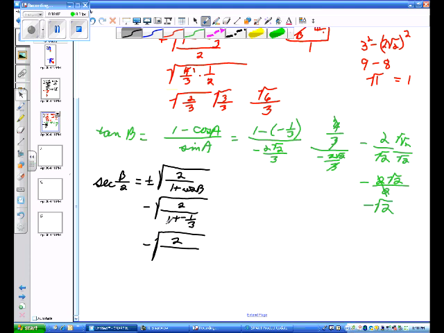This would be 3/3 minus 1/3 would be 2/3, which will be negative 2 over 1 times the reciprocal, 3 over 2, or negative the square root of 3. So given one function, you should be able to find all 6 of your trig functions for half your angle. And that's one use we have for our half angle formulas.